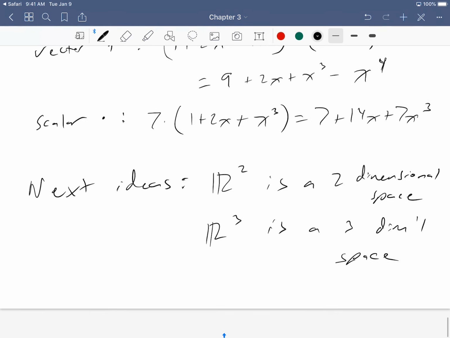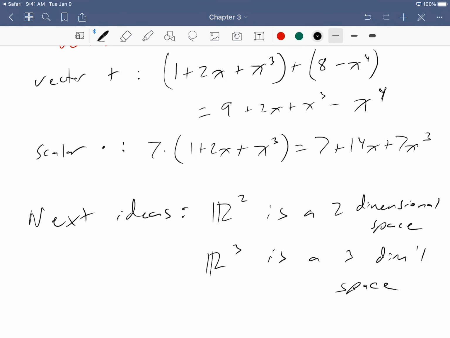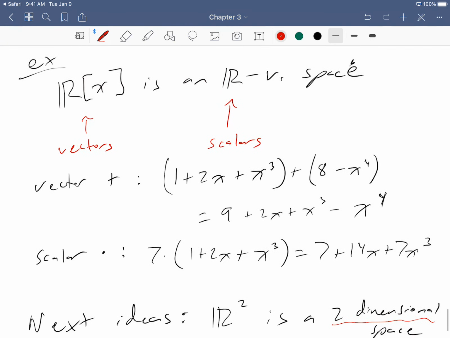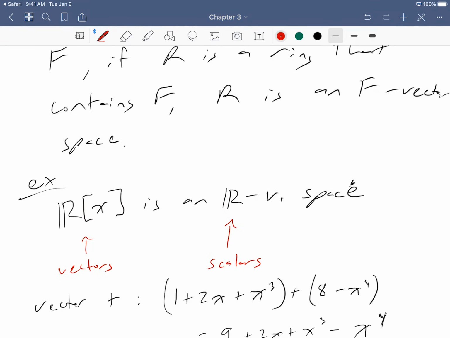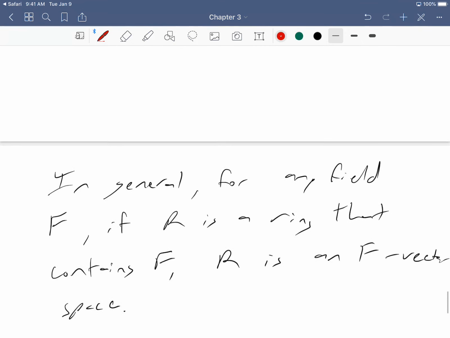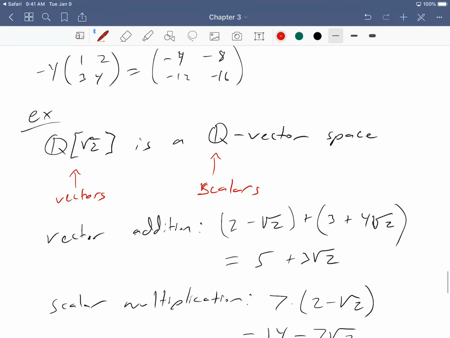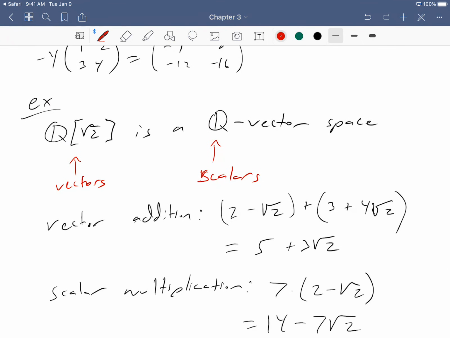So what do we mean by that? What does 2 dimensions mean? What does 3 dimensions mean? And can we interpret that up here? What would we say about R[x] in terms of its dimensions? What would we say about Q adjoin root 2 in terms of its dimensions? You'll notice we've started talking about this already: how big are these spaces? This vector space framework is going to let us define that very precisely so that we know exactly what we mean.